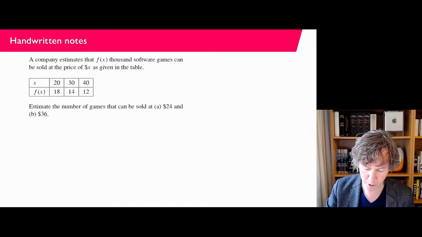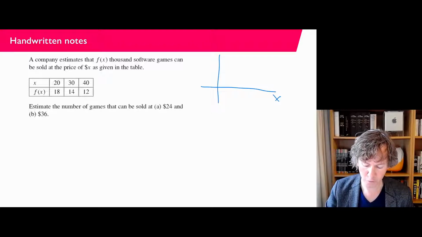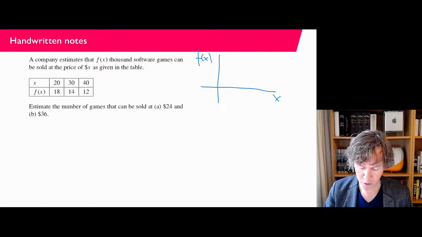So the main idea that you have to do here is, if you would make a graph, say that we would make a graph and on the horizontal axis we put x and on the vertical axis we put f(x), so that's the amount of games sold. Then we have data for 20, 30 and 40. And at 20, it is apparently 18.